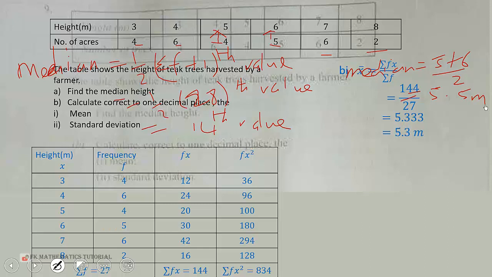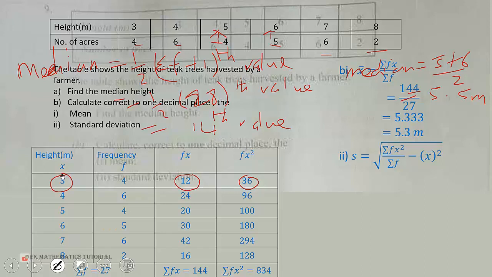Then you're supposed to calculate the standard deviation, which is given by the square root of summation f x squared over summation f, minus mean squared. So we calculate summation fx squared from the table. To get the summation fx squared, you multiply the fx by x.